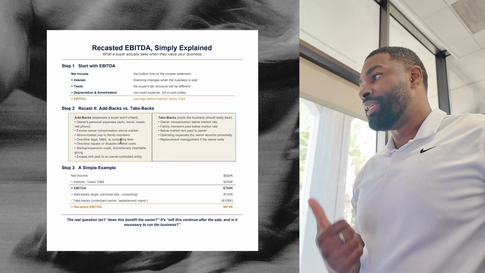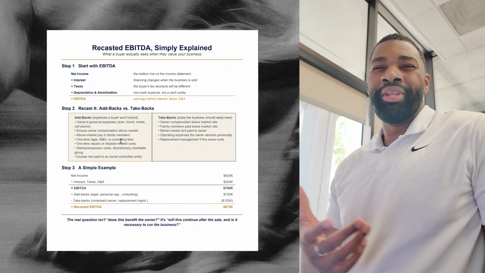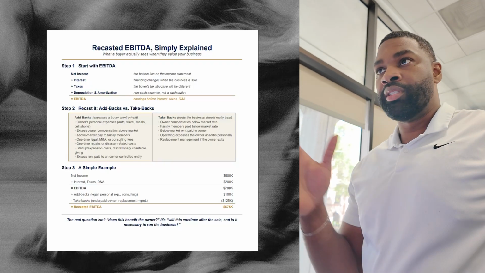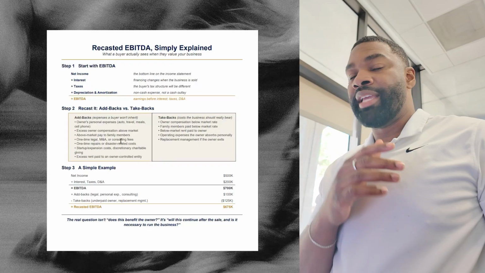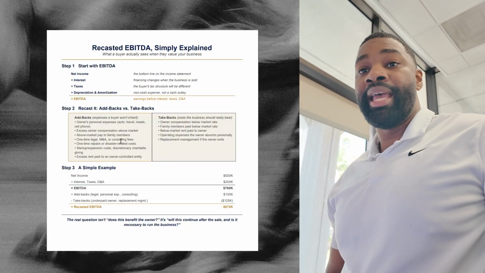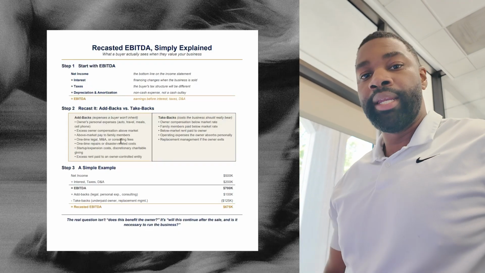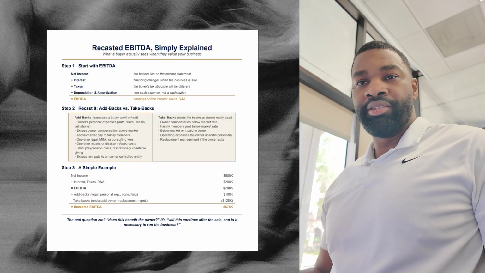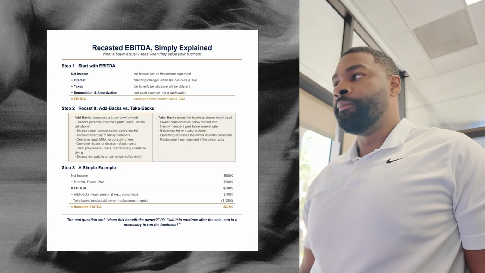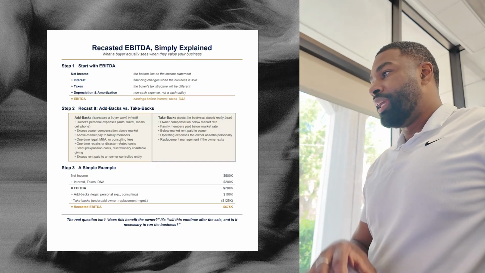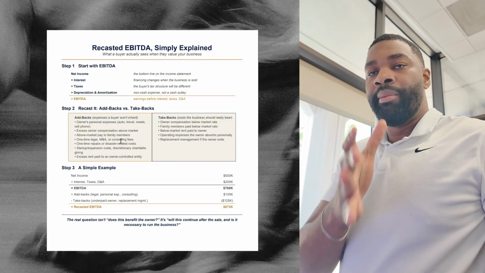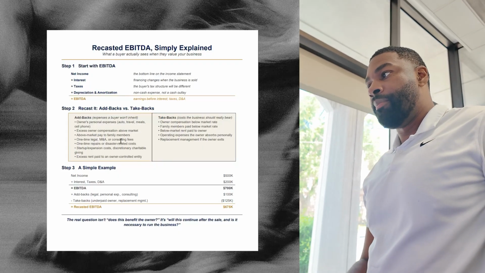One-time legal expenses, M&A consulting fees that you don't normally have, we're adding that back. I had a client who, during the first phase of their company, spent a lot on education. Well, he doesn't need that anymore. He's already educated. Therefore, those consulting fees he has on the books, we're adding those back. One-time repairs, any one-time expenses that don't normally happen on a monthly or weekly basis for your company.